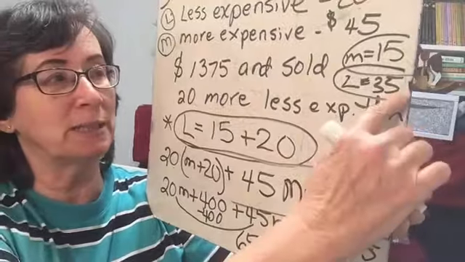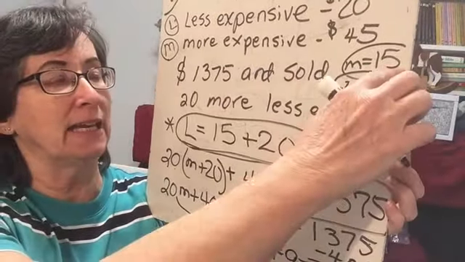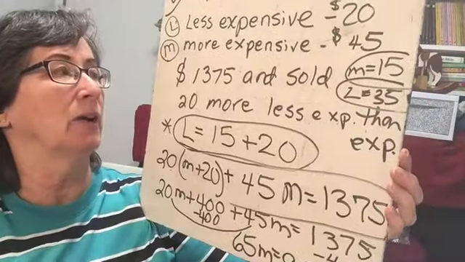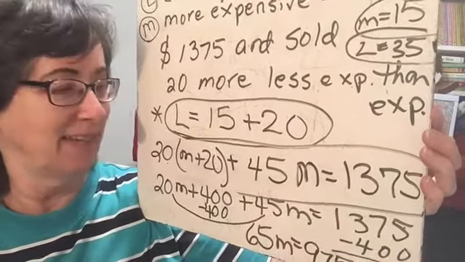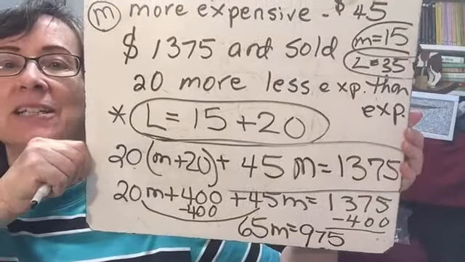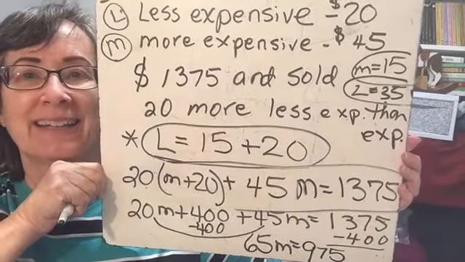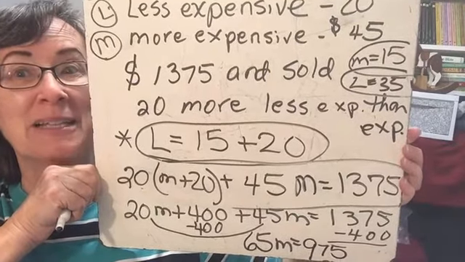And aren't there 20 more of those than those? And if we take the 15 times the 45 and the 35 times the 20, we should get, again, the 1,375. And it works. So here's my work, just in case you can't see it very well as I'm working it. Those are your examples. Now we're going to do some practice problems.